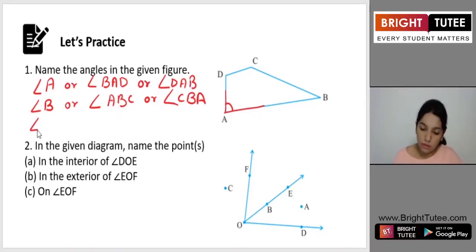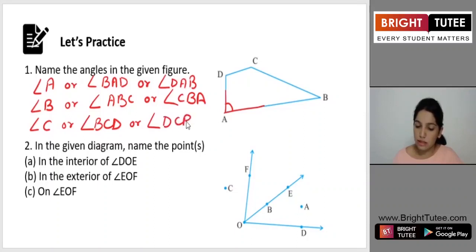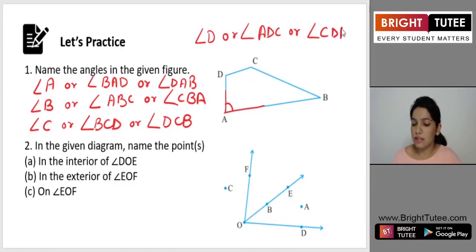Now the next one is angle C, which can also be written as angle BCD, or we can write this as angle DCB. Now the last angle that is left is angle D. I'm writing it here. So angle D, or we can write it down as angle ADC, or we can write this down as angle CDA. So these are the four angles that we can clearly see in this particular figure.